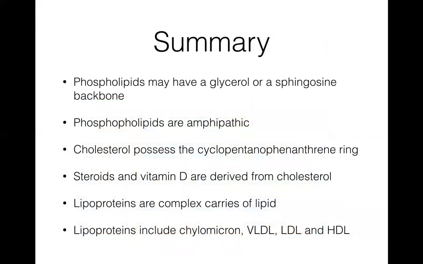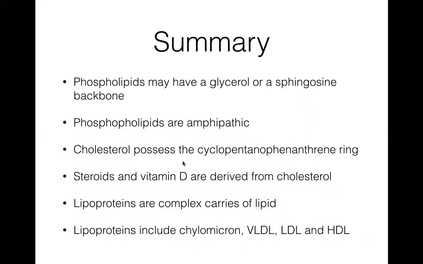So now we have reached the end of our lecture. Let's just summarize what we have discussed. Phospholipids are amphipathic. They may have either a glycerol or a sphingosine backbone. The next lipid that we discussed today is the cholesterol molecule. It possesses the cyclopentanoperhydrophenanthrene ring, and there are important derivatives that can come from cholesterol.